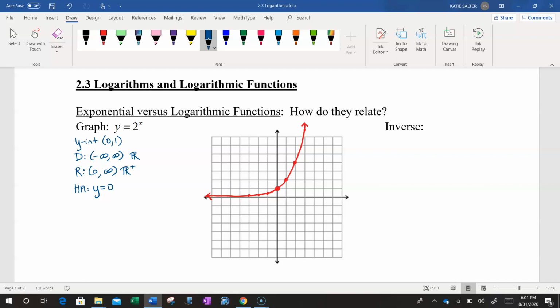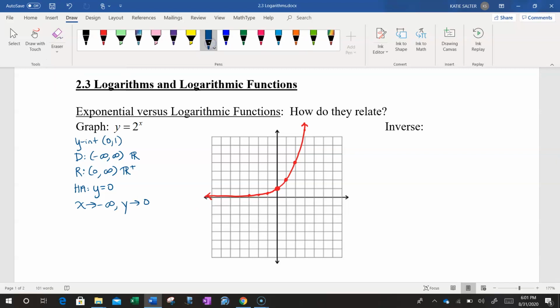We're also going to start talking about end behavior. The end behavior is what happens as x gets really, really big in the negative direction and in the positive direction. We would say, as x approaches negative infinity, y approaches 0, because as you keep going this way forever, the functional values get closer and closer to 0, but never actually get there.